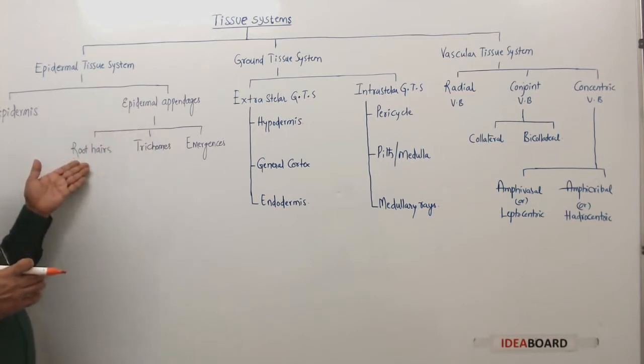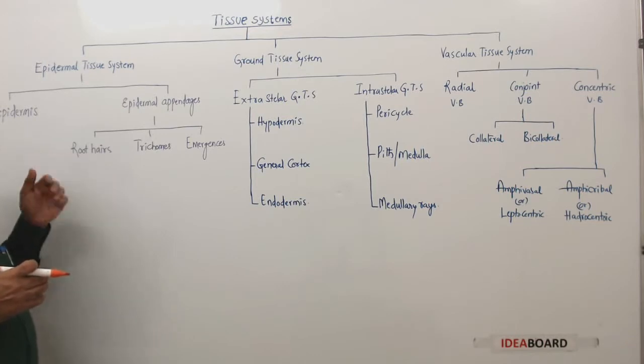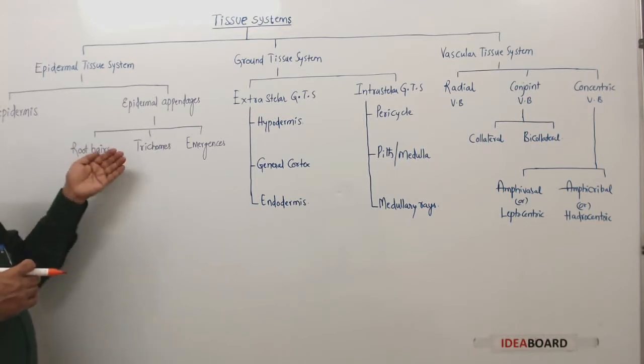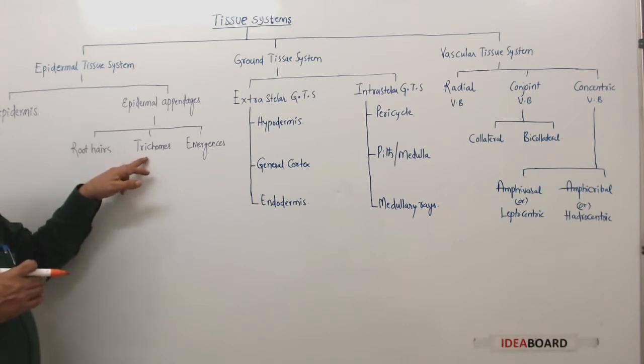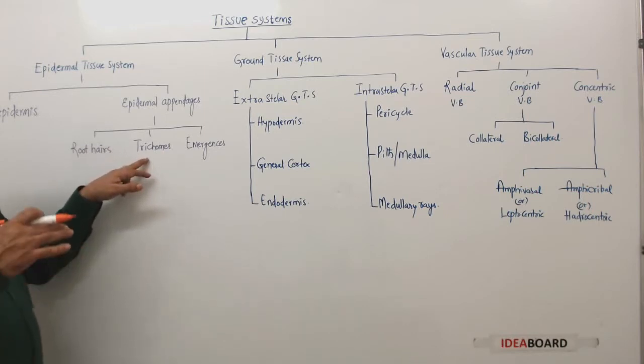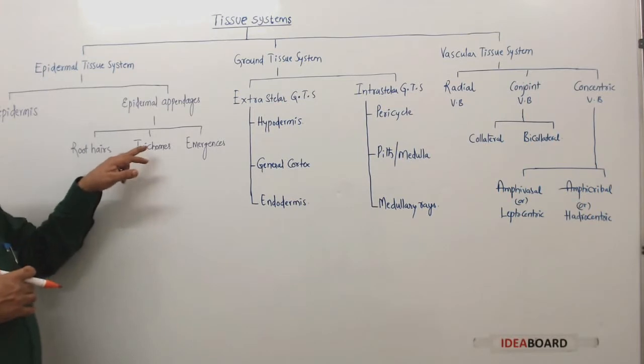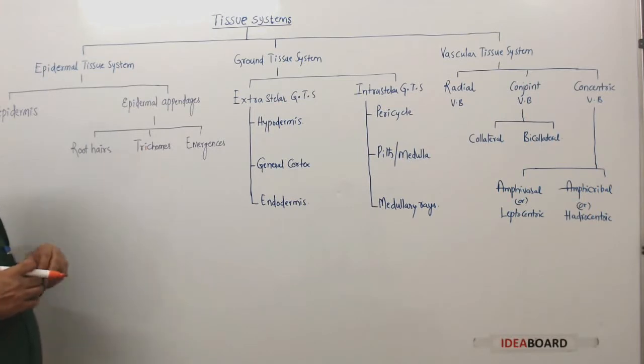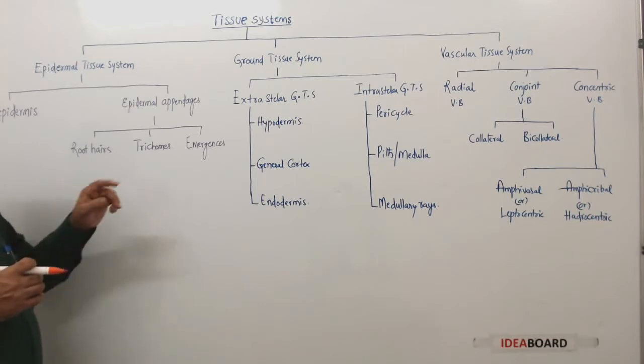When they are associated with the root, we call them root hairs. The hairs associated with the shoot system, maybe with the stem or the leaf, we call trichomes. Sometimes you will find spine-like or thorn-like structures, but they are neither spines nor thorns, and we call them emergences.